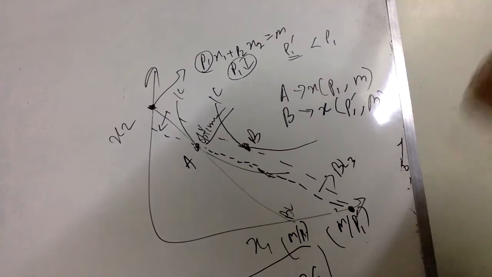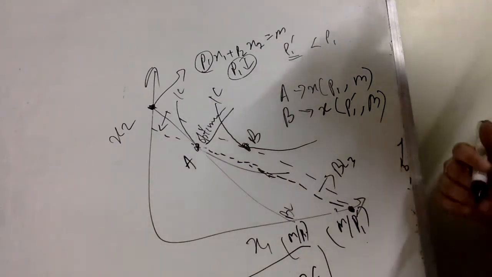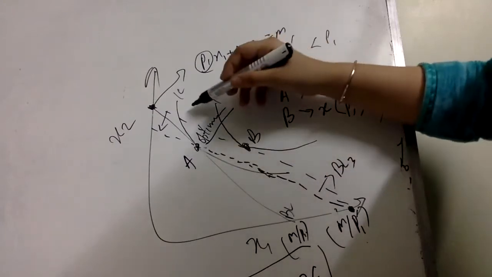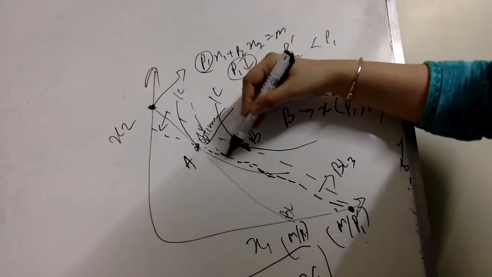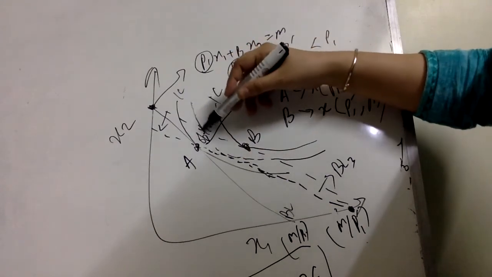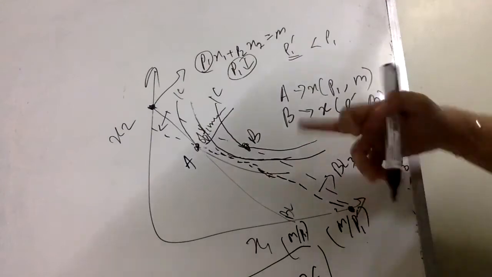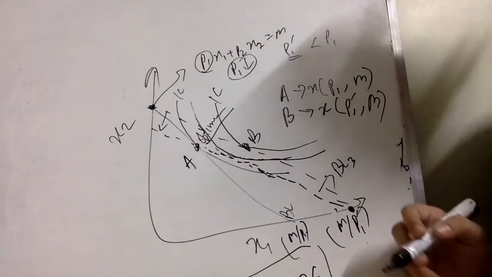Suppose I refer to it as BL, any other budget line. I can find another IC which is passing through my new budget line, and can we find this IC?